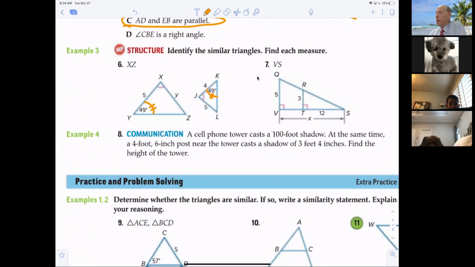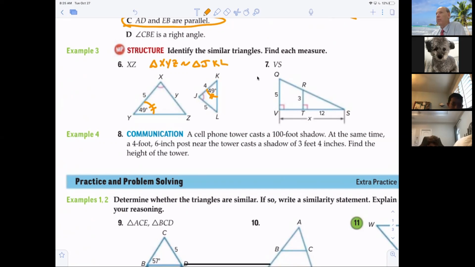All right, so on the left, we're going to say triangle XYZ is similar to what? Triangle JKL. X corresponds to what? J. And then I said Y. Y corresponds to what? There you go.